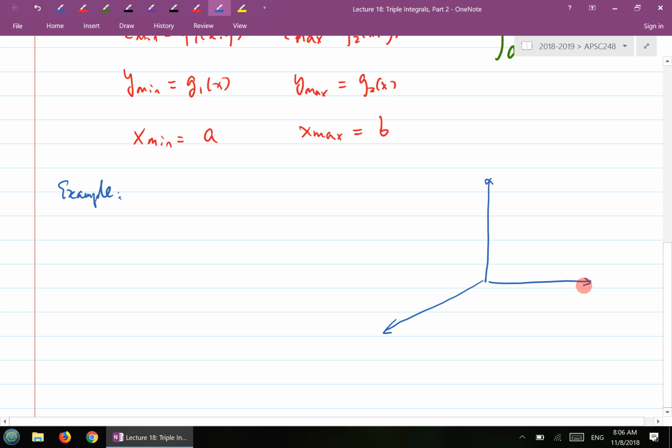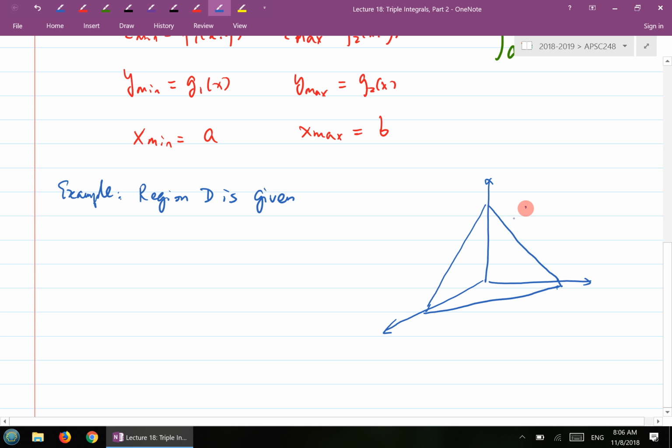I'll draw you a region here. So region D is given. Here's what region D looks like. It's the corner of 3 walls, and then on top of that you have a plane.